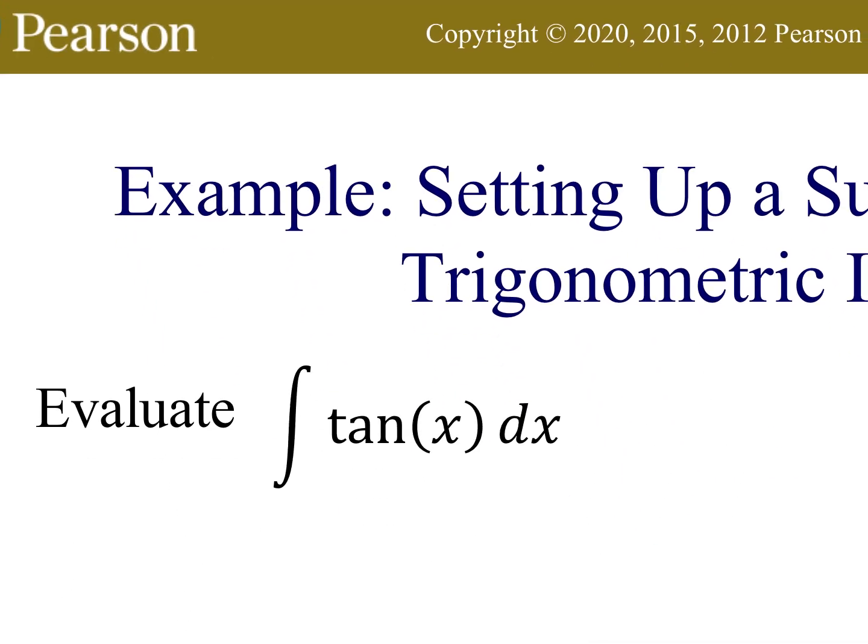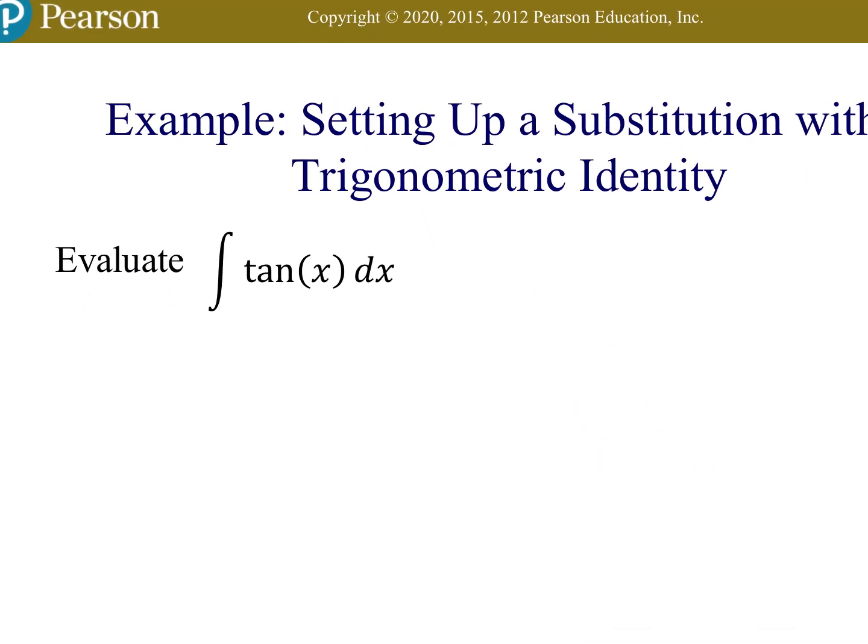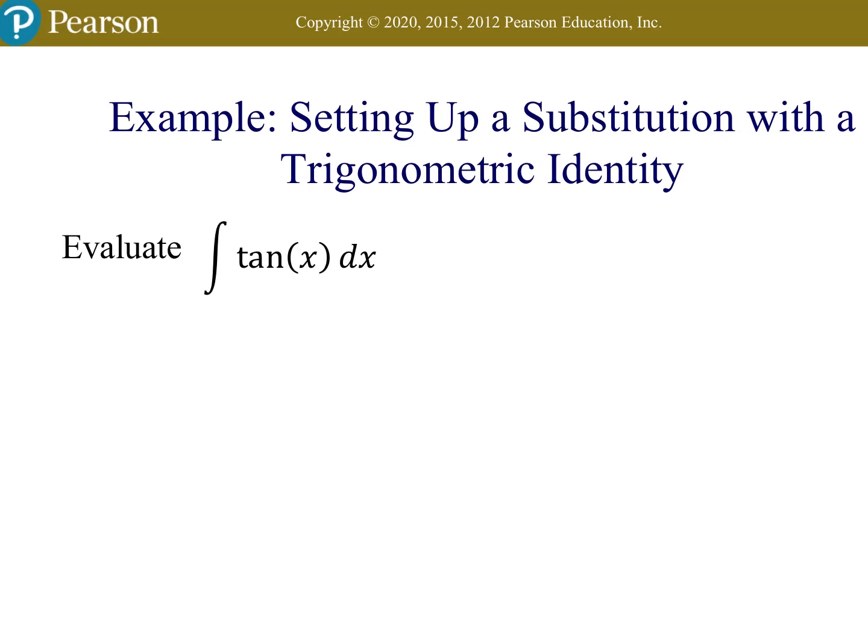Okay, so here we go. Some of your integrals can't be done unless you swap out for a trig identity. So we've done tangent before. This is a basic trig identity. Swap tan out with sine over cosine. Once we swap that out, we're able to make a u substitution.